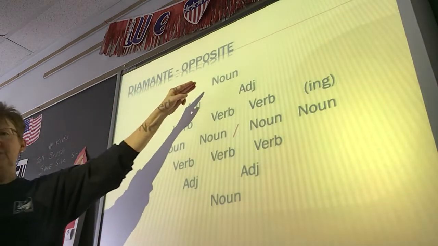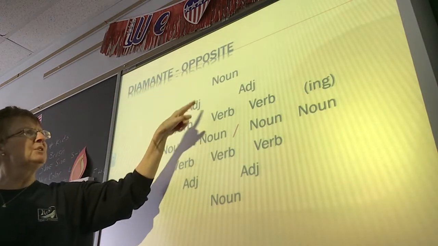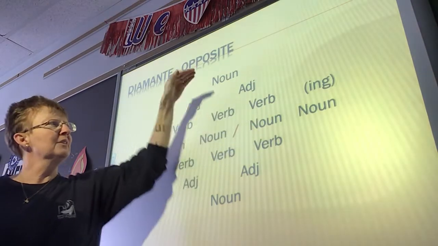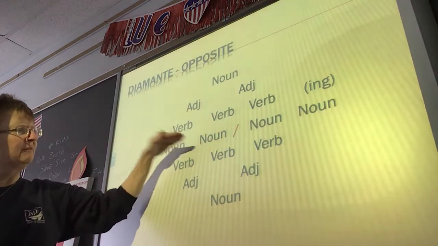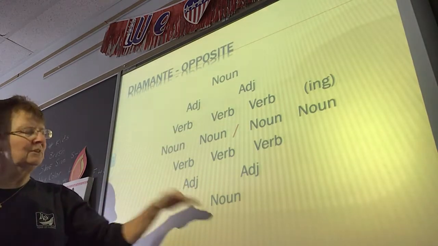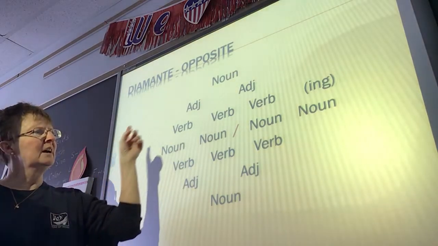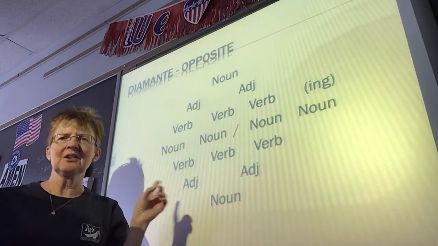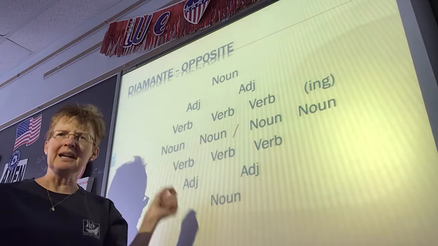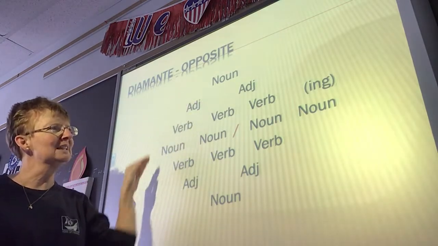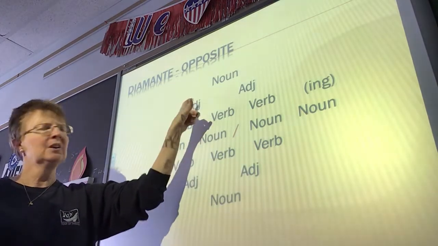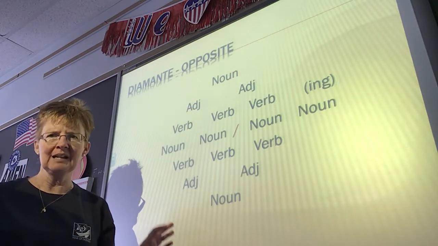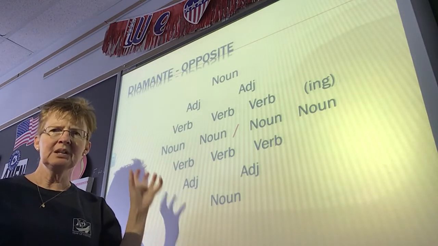You're going to start with a noun, then you're going to have 2 adjectives, 3 verbs. See how there's 1, 2, 3, then 4, then 3, then 2, then 1 words. Now obviously you're not going to have 6 words per line on this poem because you're doing a diamond shape.